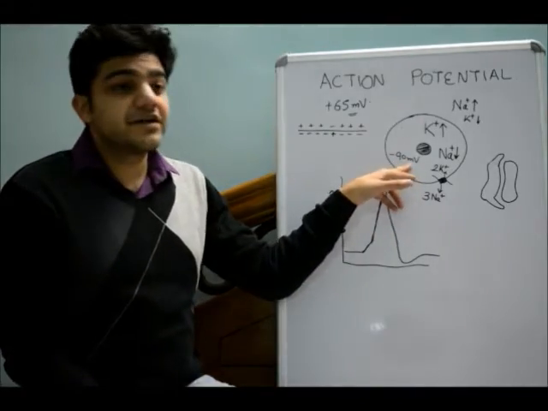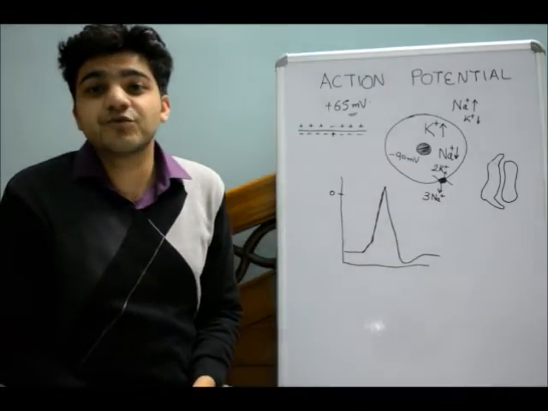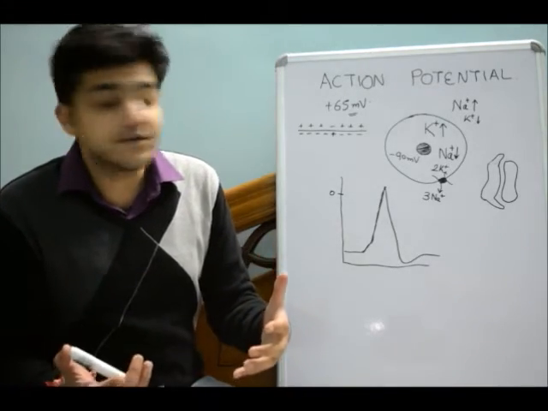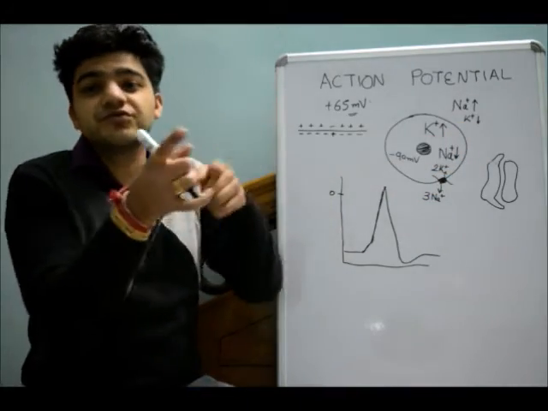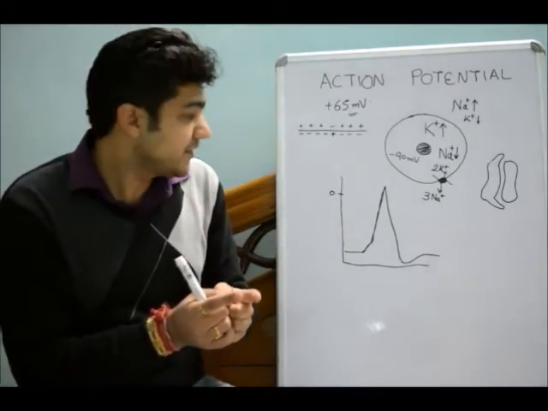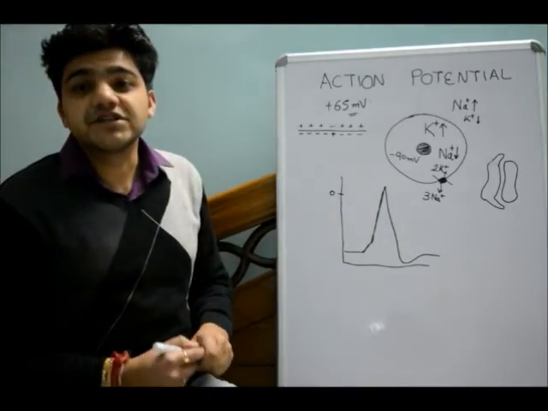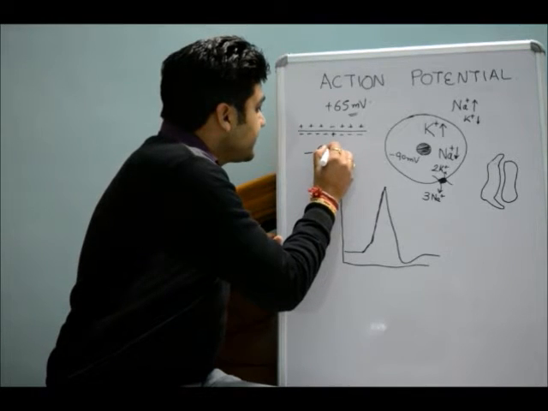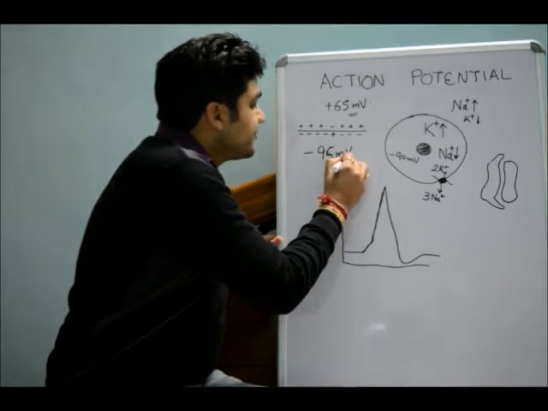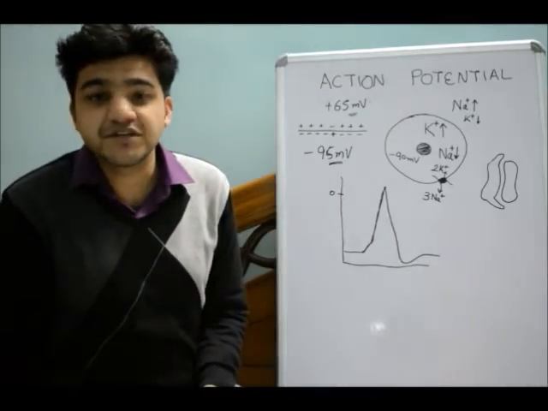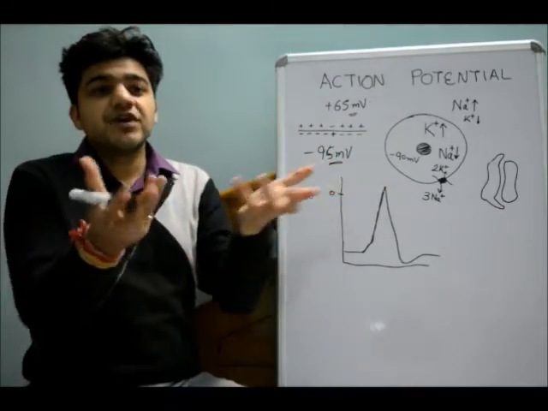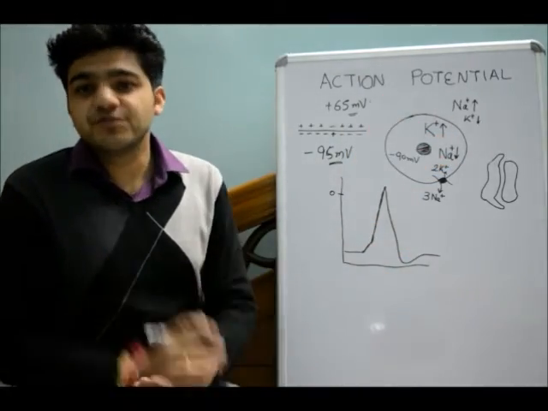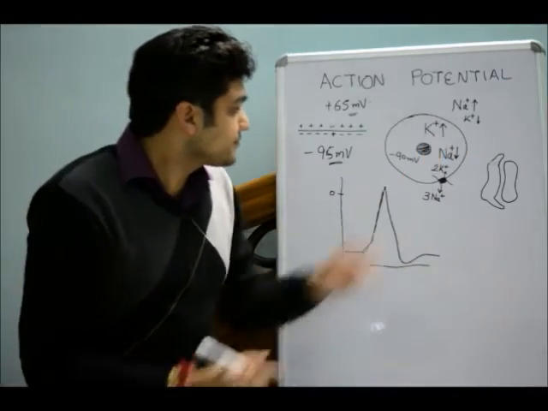Since it is more on the inside, potassium will have a tendency to stay inside the cell. It cannot leave that negativity. So these two forces more or less cancel out at the resting membrane potential. And the Nernst potential for potassium ranges around minus 95 millivolts, which is nearly equal to the resting membrane potential. So even if you have potassium channels open during a resting membrane, there will be no movement of potassium ions here or there.